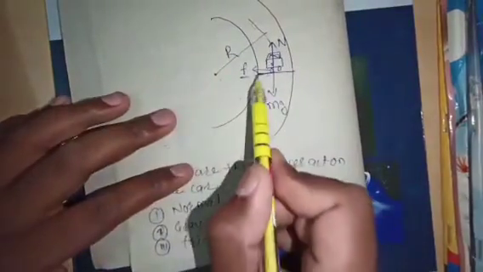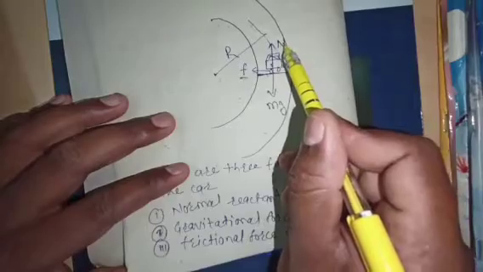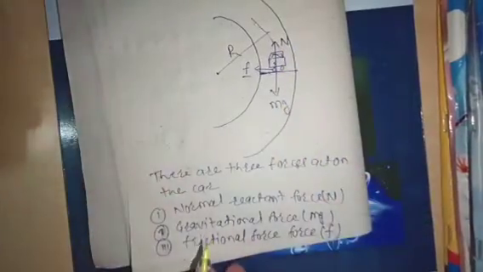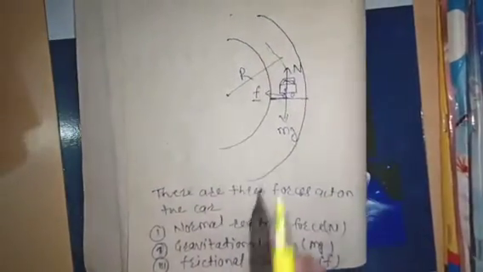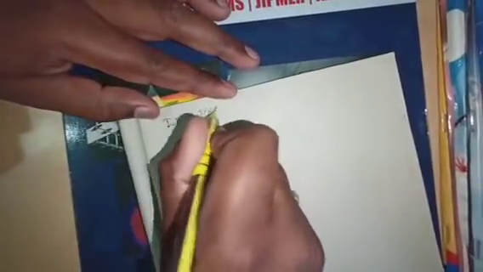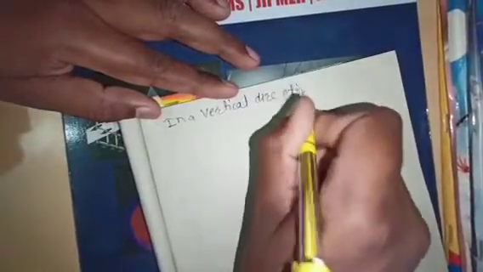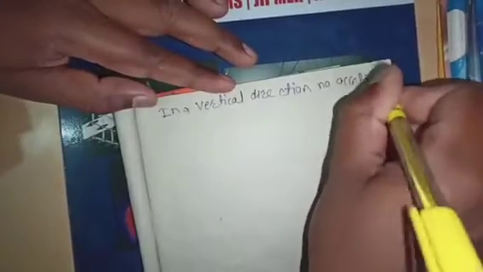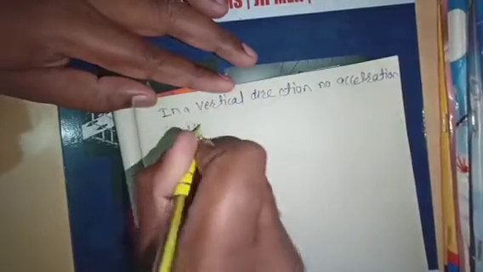In that case, the frictional force is in the horizontal direction, and the normal reaction force and mg are in the vertical direction. Therefore, the net force acting in the vertical direction is 0. Therefore, in the vertical direction, no acceleration can act.